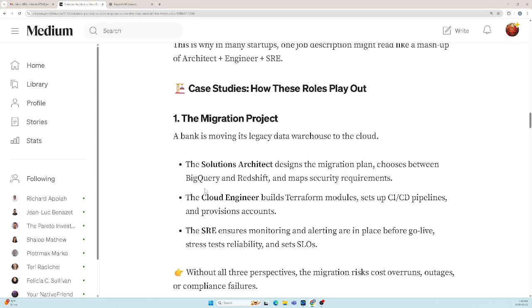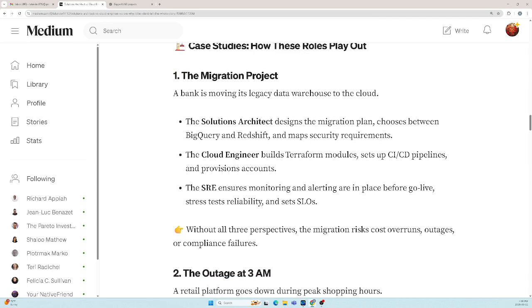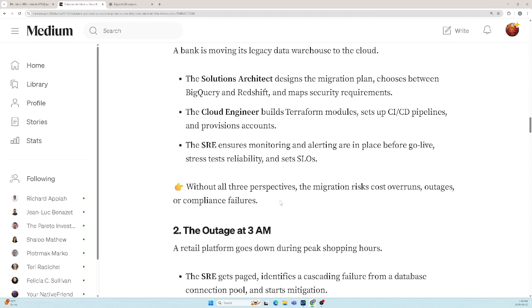Cloud engineers build the Terraform modules, set up the CI/CD pipeline, and provision the accounts. The SRE ensures monitoring and analytics are in place before go-live, and stress tests reliability and SLOs. Without all these perspectives, the migration risks cost overruns, outages, or compliance issues.